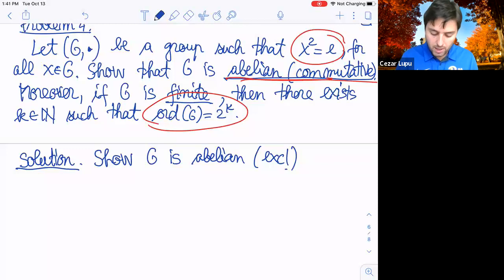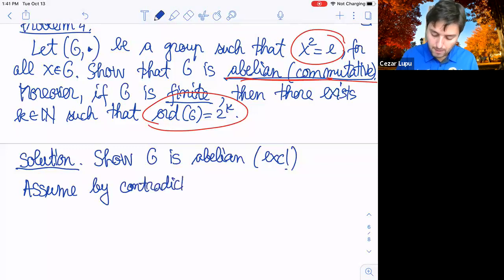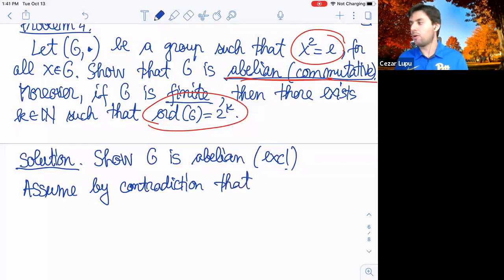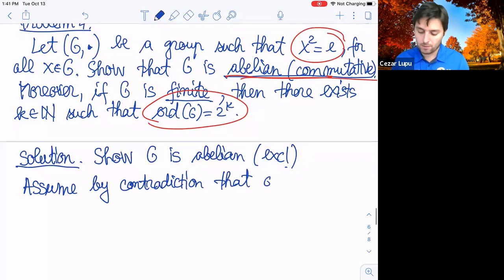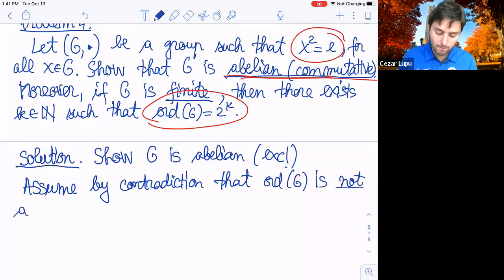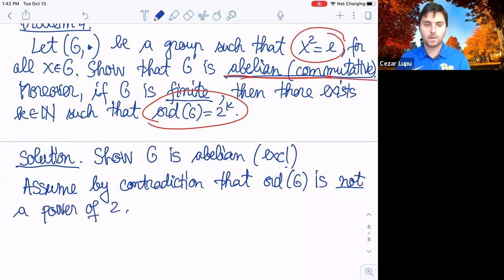Let's assume by contradiction that the order of the group G is not a power of 2. So let's assume this.